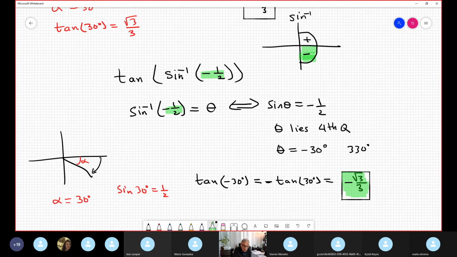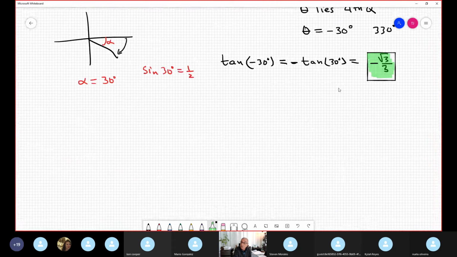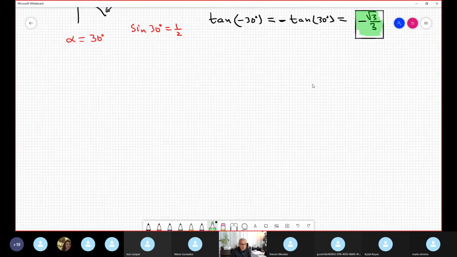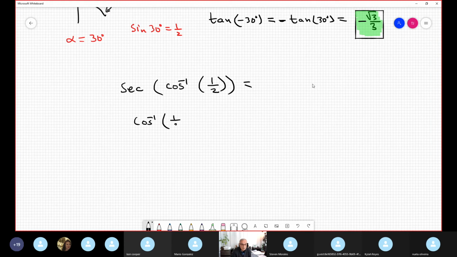Okay, one more. Suppose, okay, we have secant of cosine inverse of 1/2. Compute that. Cosine inverse of 1/2 equals theta.